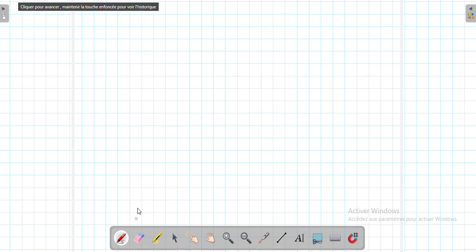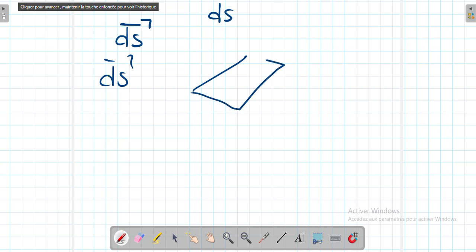Now I also introduce you to another notion of ds, the surface area, ds as a vector. So far we're just dealing with ds as a magnitude. Now let us look at ds as a vector. If you've got an elementary surface that you're calling ds, then you have a vector normal to it.